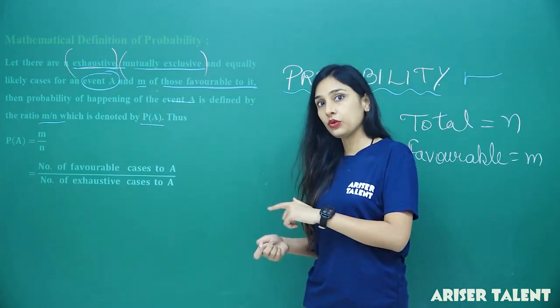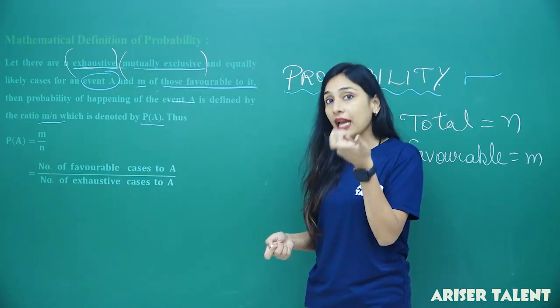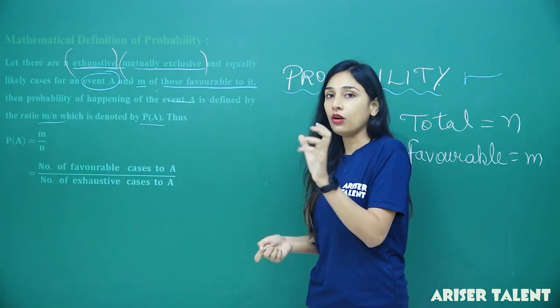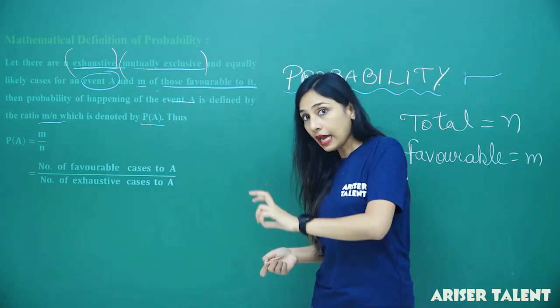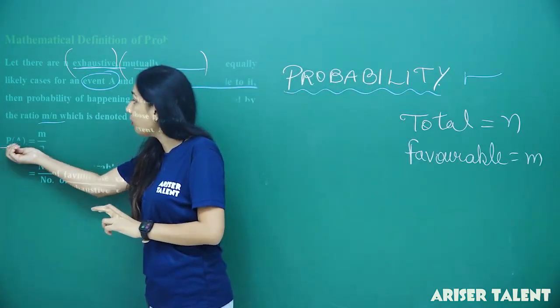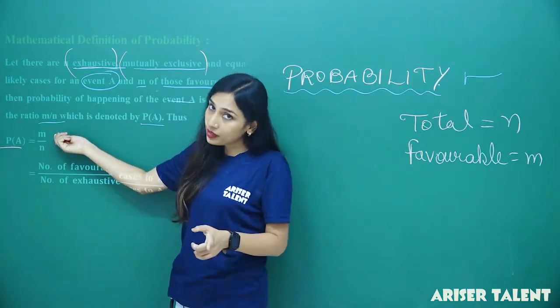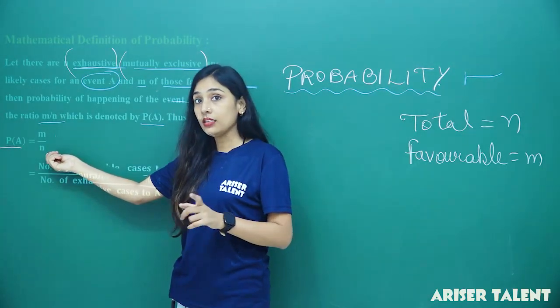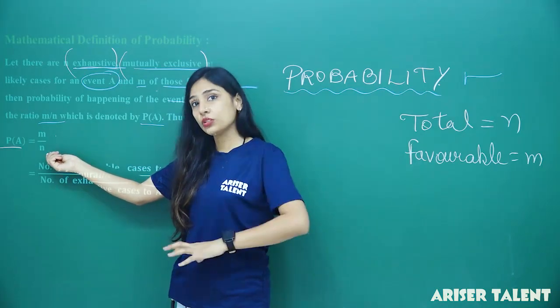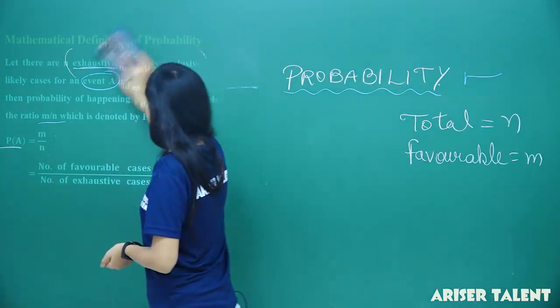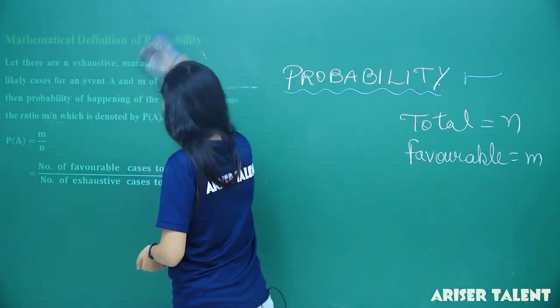So the probability of the event of head coming, that is P(A), is equal to m by n, where m is favorable and n is exhaustive or the total. Right, students? Okay, so note this definition so that we can move forward.